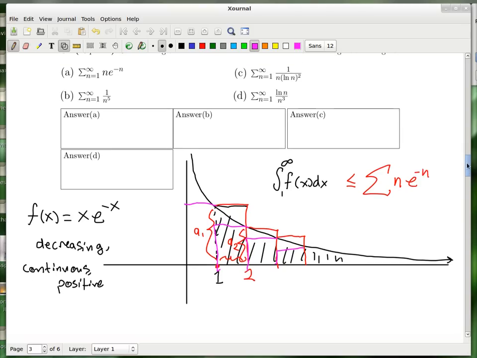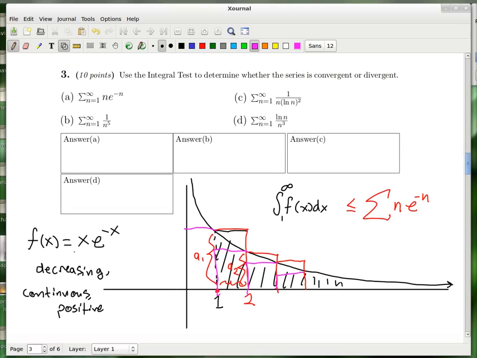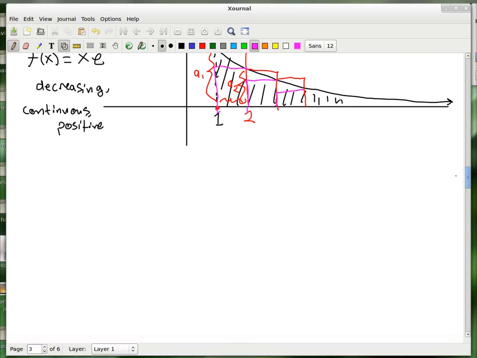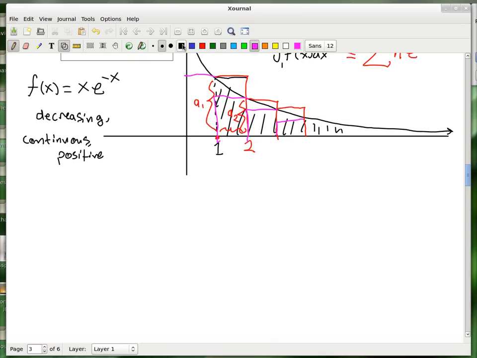So what we have to do is do the integral of this function. Okay. So let's set it up. We want to look at the integral from 1 to infinity of x times e to the minus x dx, and we're going to let that decide whether or not the series adds up to something finite. And what is this? This is integration by parts.